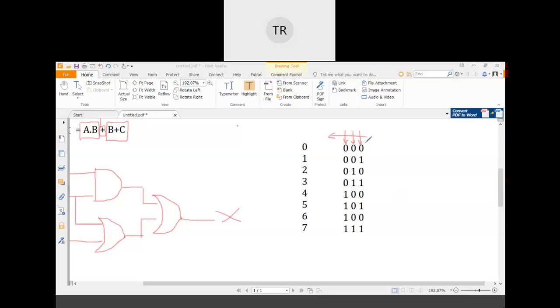So what we are going to do is focus our attention from right to left. There's a small pattern here. For the right hand side column, the last column, it only has 0 and 1: 0 1 0 1 0 1 0 1 and continue like that.